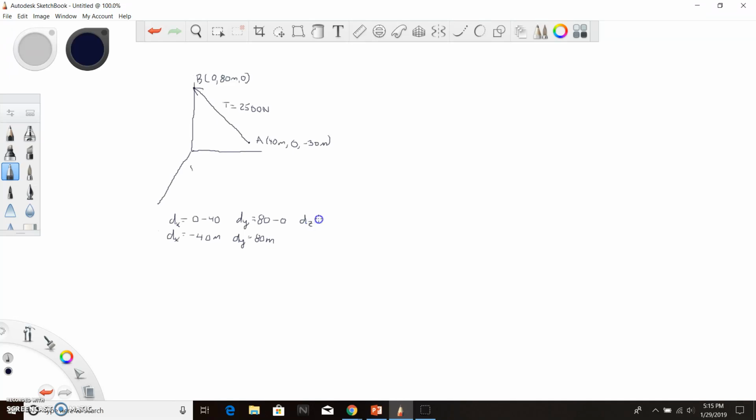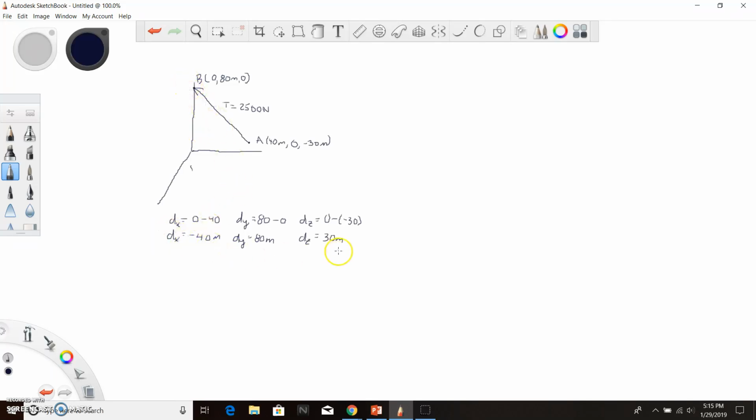We're in space. So the distance in the z direction, I'm going to go from where I end, which is 0, minus a negative 30. So that means d sub z is going to equal 30 meters.